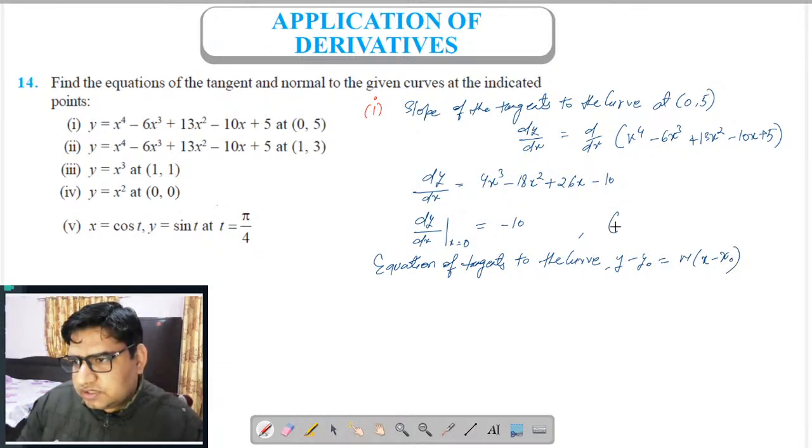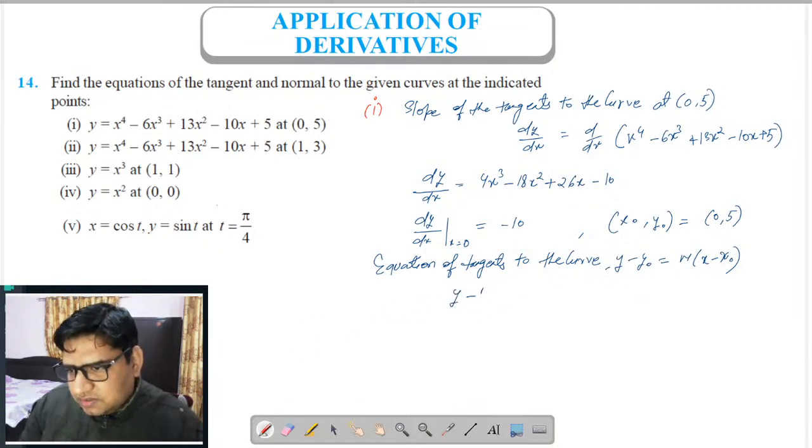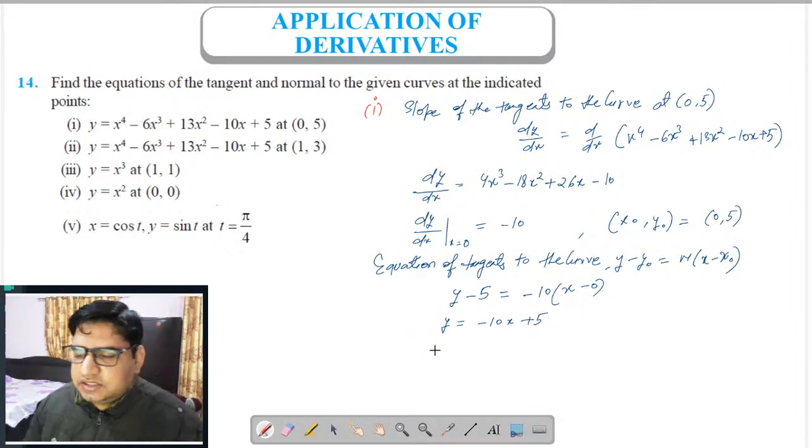So x naught and y naught is given to us, which is nothing but 0 and 5. So we'll simply write down the equation: y minus 5 is equal to minus 10 times x minus 0, or y is equal to minus 10x plus 5. So this is the required equation of the tangent to the curve.